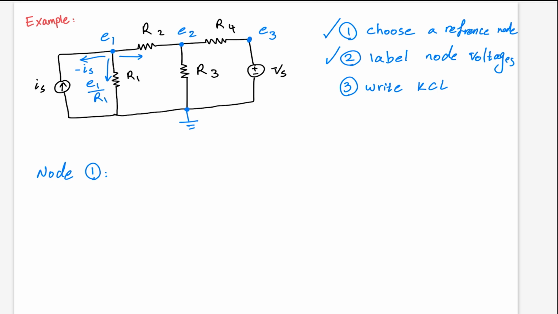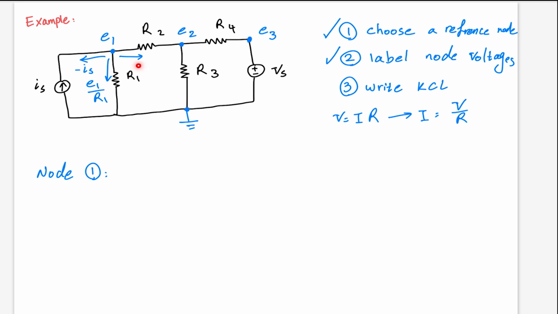Because of Ohm's law. Remember that Ohm's law says that V is equal to IR, and from here, I will be equal to V over R. So the potential difference between E1 and the ground is just E1, because there is a resistor here. So the current should be E1, the potential difference between these two nodes, over the resistor R1.